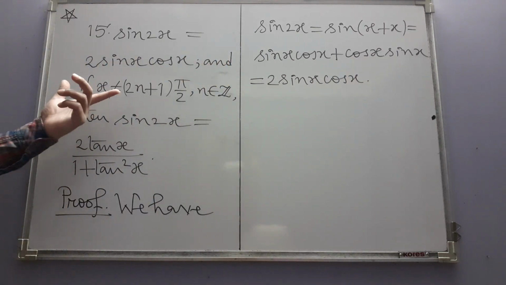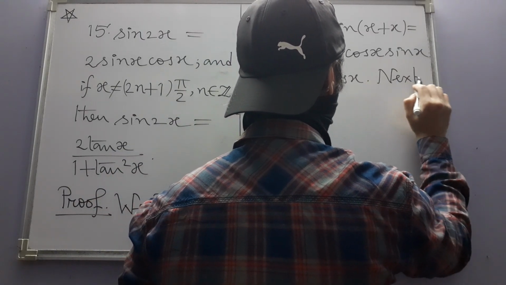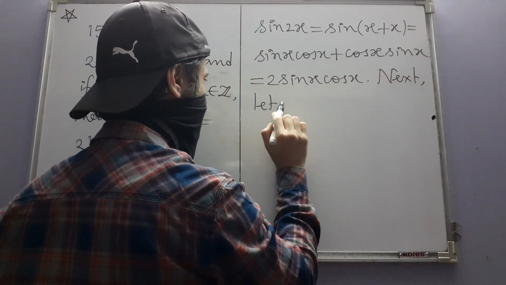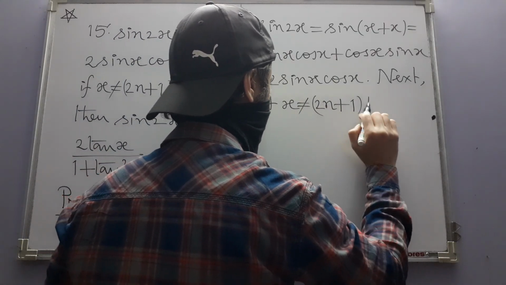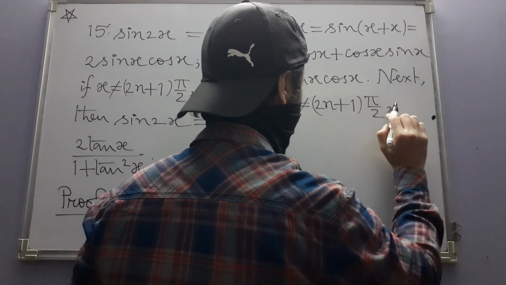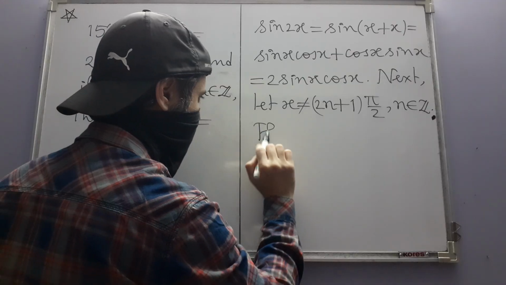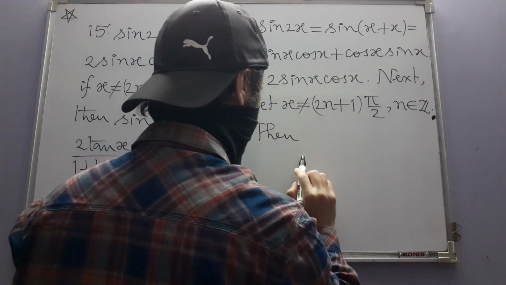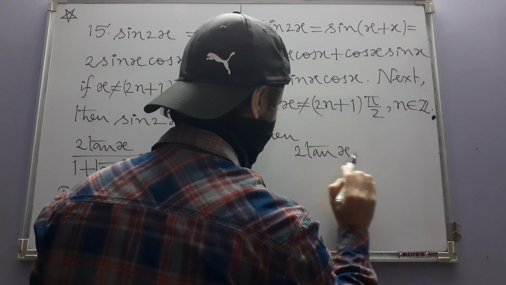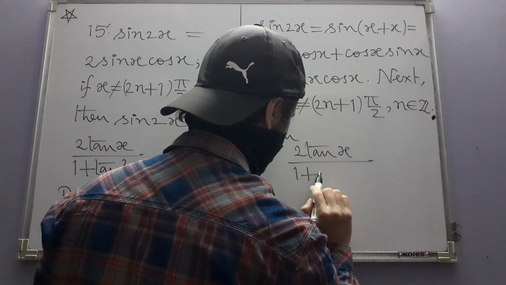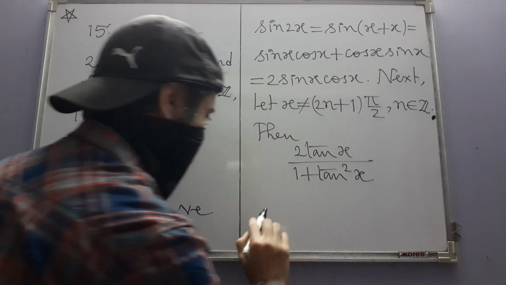And next we are going to assume this. Next, let x be different from any such number where n is an integer, then let's start here also with the right hand side. 2 tan x divided by 1 plus tan square x.